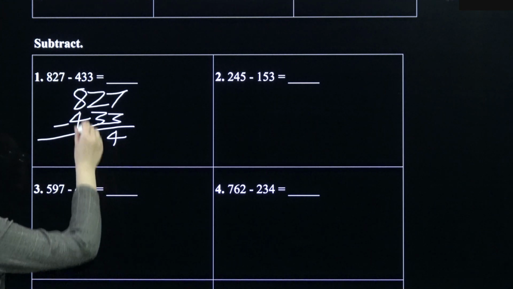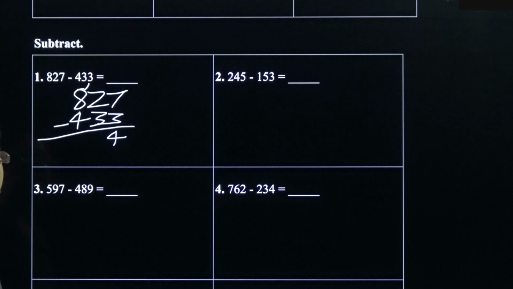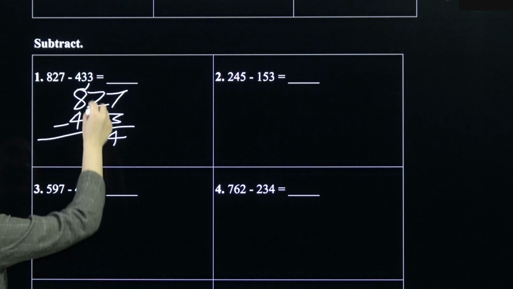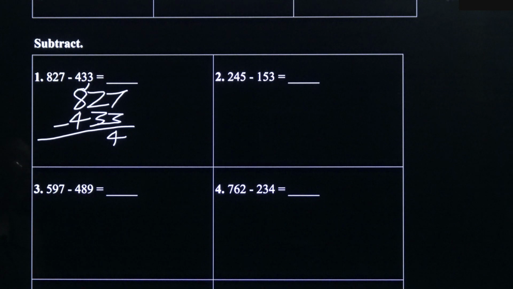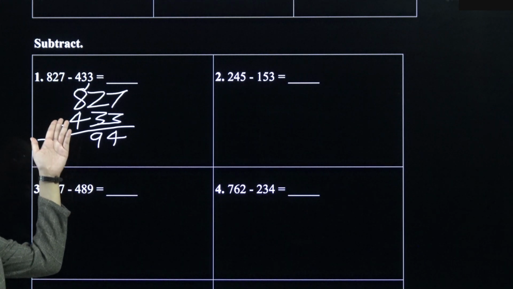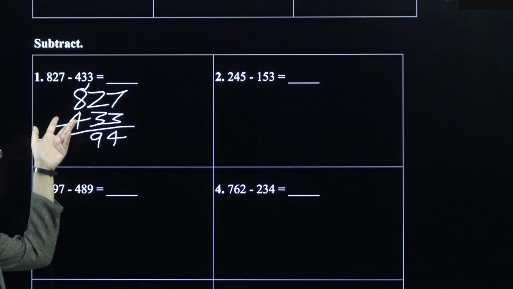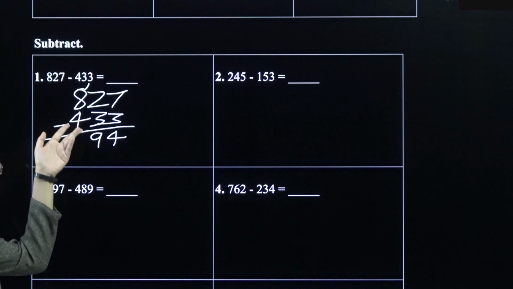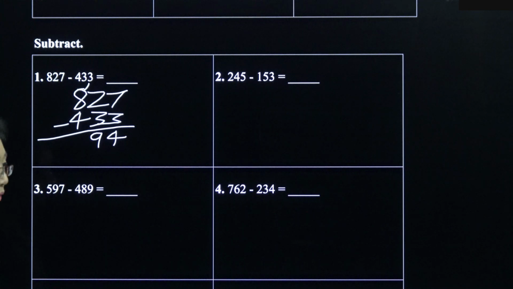We regroup, take and never give back, 100, and that'd be 12 tens. 12 tens minus 3 tens is equal to 9 tens. And since we borrowed, regrouped, took and never gave back, 100 from 800, we get 700. And 700 minus 400 equals 3.